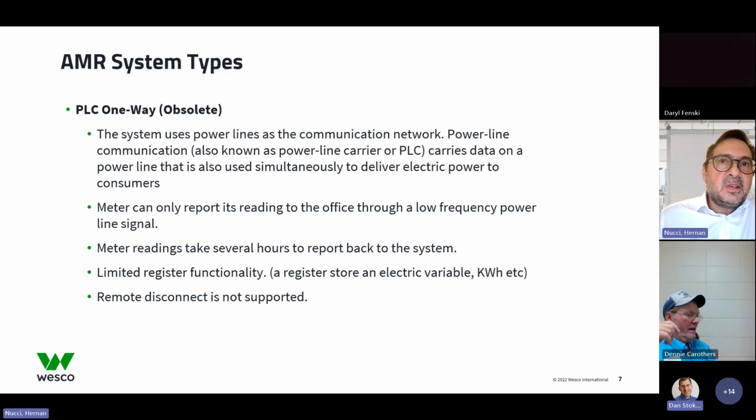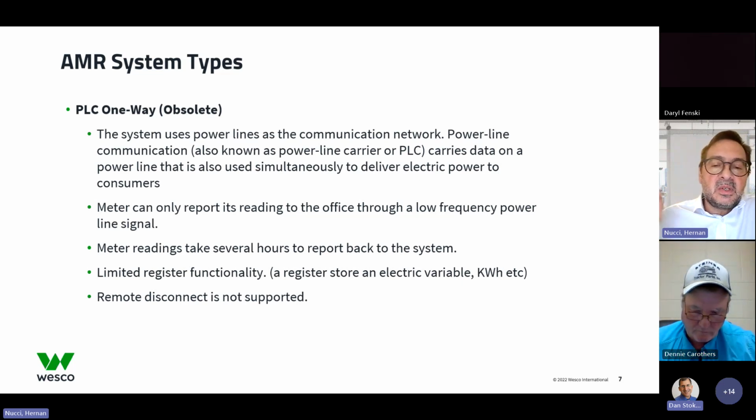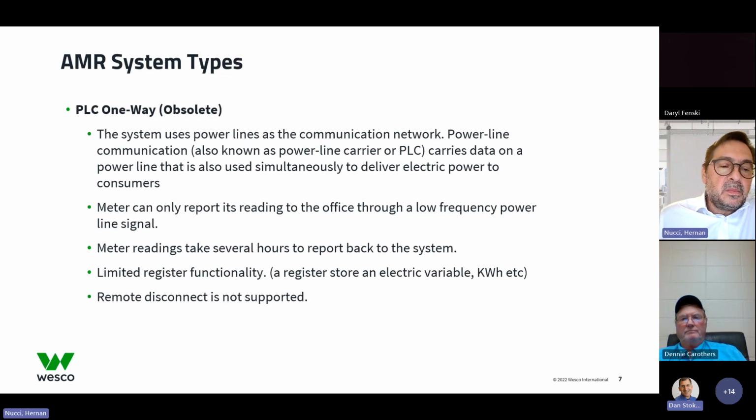It's a system that is really slow. You can only read meters. There's no way to send commands to the meter. It could take hours to get all the readings to the head end or the utility. And it has very, very limited register functionality.